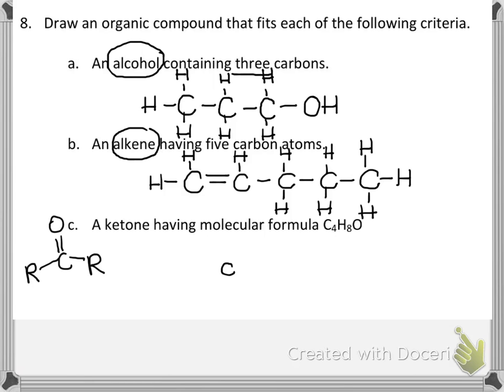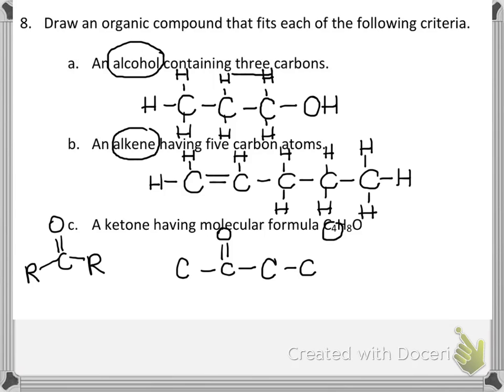So I'm going to start with the C double bond O, and now I have to add carbons on either side. So I know I have to have at least 1, and that would be 1, 2, 3 carbons. But here I need 4 carbons, so I'll add 1 more. It doesn't matter which side I add it to.